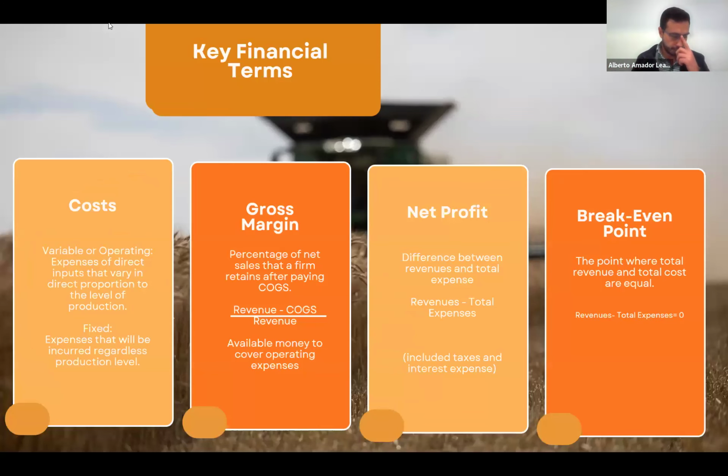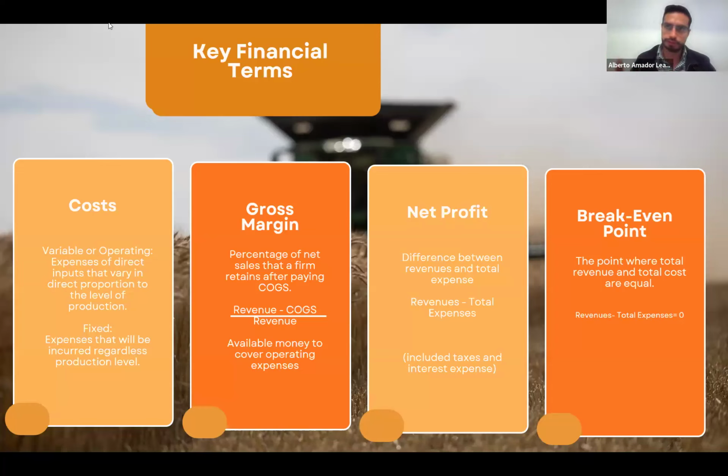Well, I want to recap some financial terms that are important. Cost. When we talk about cost, we have to split it into variable or operating cost and fixed cost. The variable costs are the expenses of direct inputs correlated with the outcome or production.